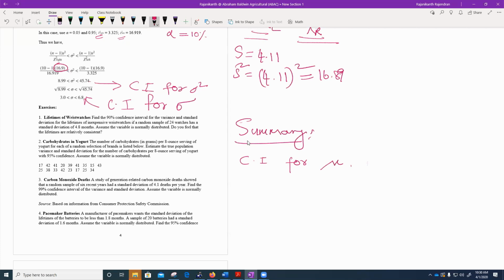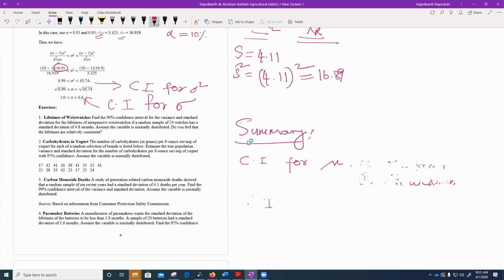One is if the standard deviation or variance is known. Then the second case is if you do not know. So we have two formulas, right? Go and check those.